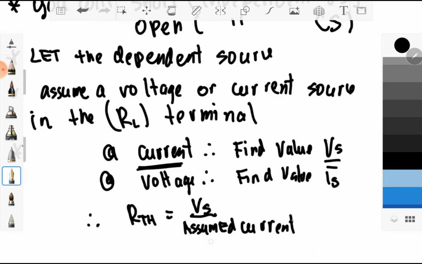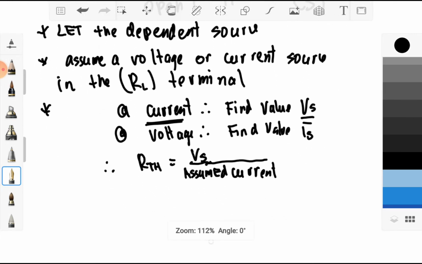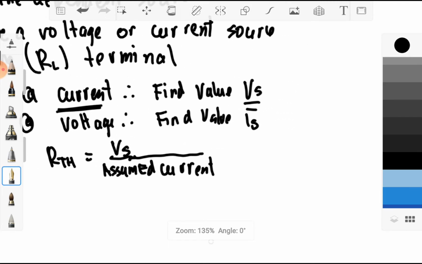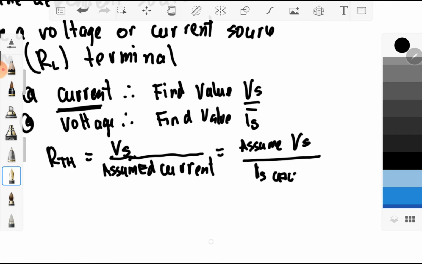Take note that that is an assumption. Pag magpaparallel ka, magsiseries ka ng current or voltage source within a case 2 or a circuit with dependent source. Or if you will series a voltage source, therefore we have the assumed voltage source divided by your Is calculated among the circuit element.